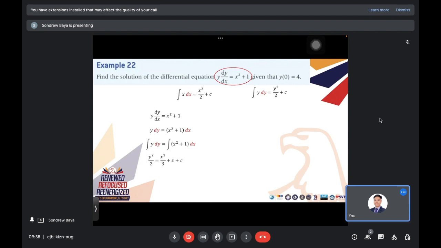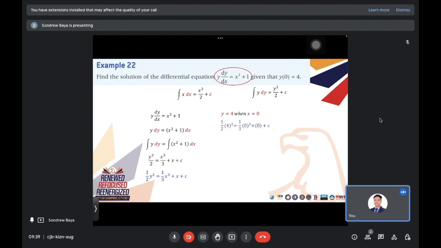All right. Now, for us to find a solution, of course, we need a value of y and x at a certain time. So we are given here that y is equal to 4 when x is equal to 0. So we can just simply substitute it in order to find a specific value of c. So we have 1/2 of 4 squared is equal to 1/3 of 0 cubed plus 0 plus c.